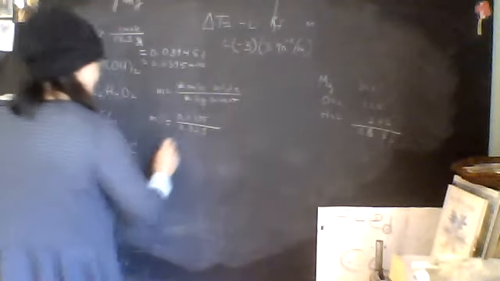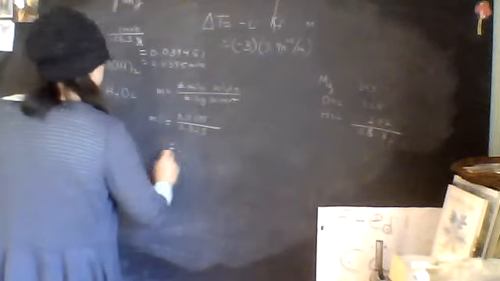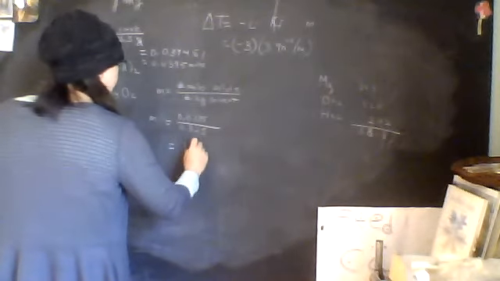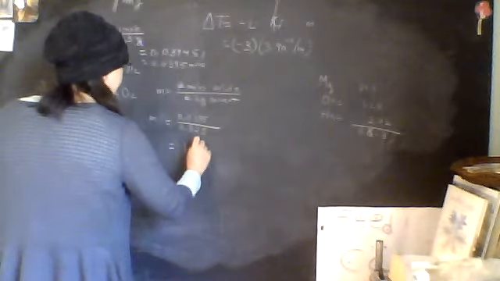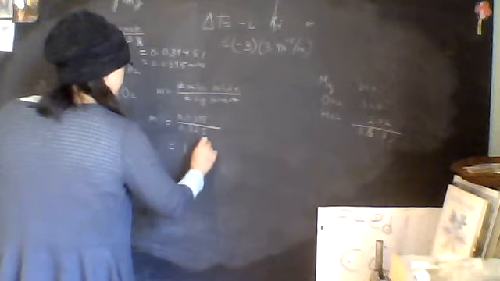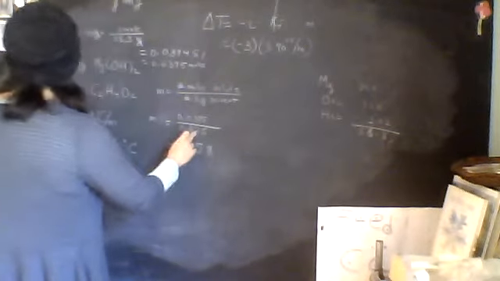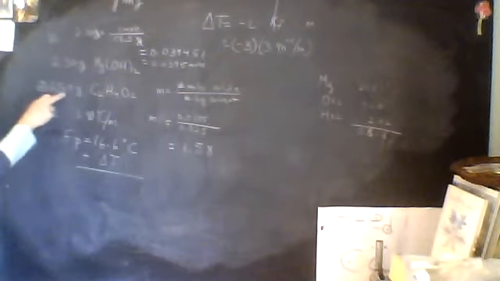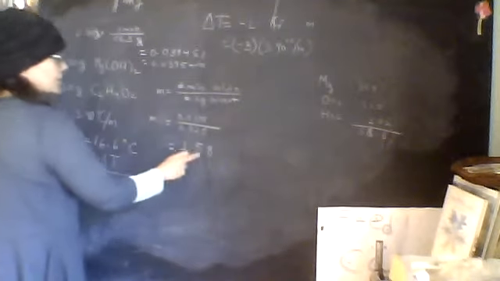It's going to be a little more than 1. 1.58. Here the 25 grams had 3 significant digits, so we can keep 3, and that's what we ended up with.